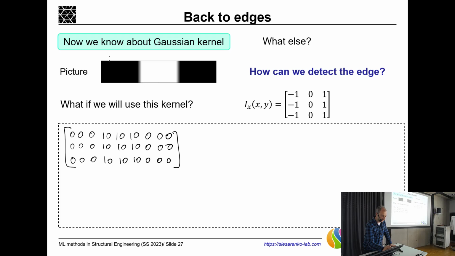I split it into pixels somehow like that, and assume that there are 3 rows. Do you understand where these tens and zeros come from? I say white will be tens because I don't want to divide by strange numbers. So that will be our image, a representation of our image.